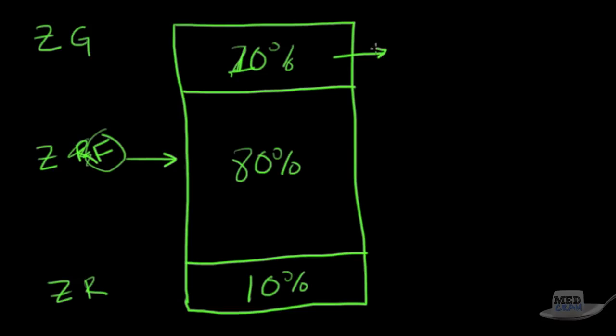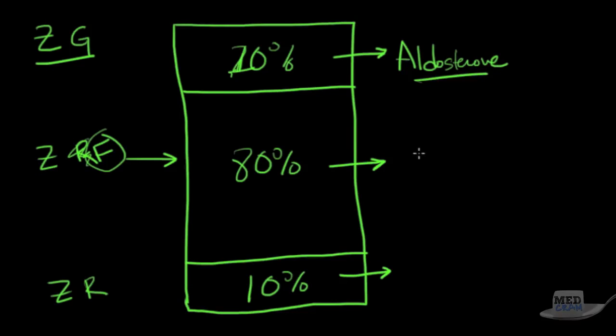So what are the major hormones that are coming out of this? The major hormone out of the zona glomerulosa is aldosterone. We'll talk about that. The major hormone out of the zona fasciculata is cortisol.